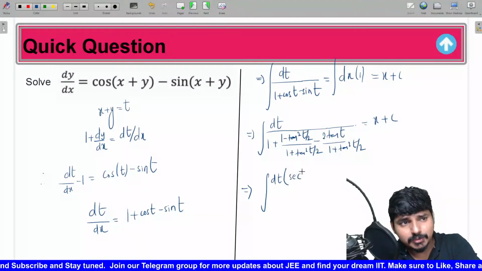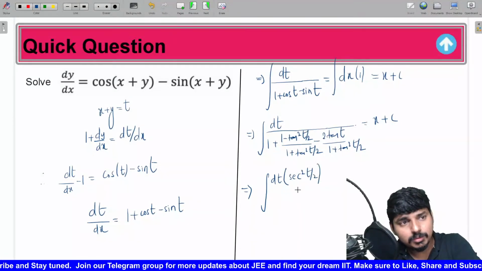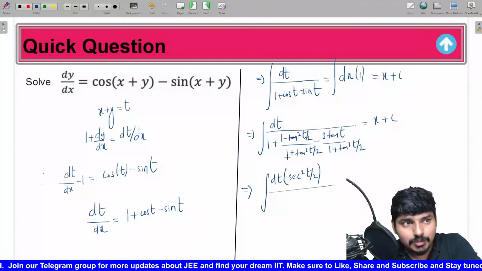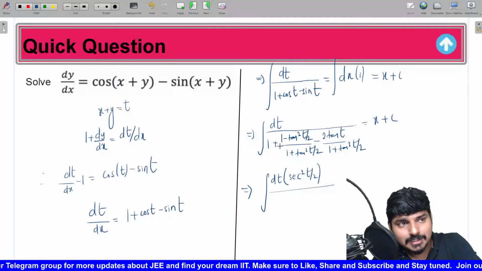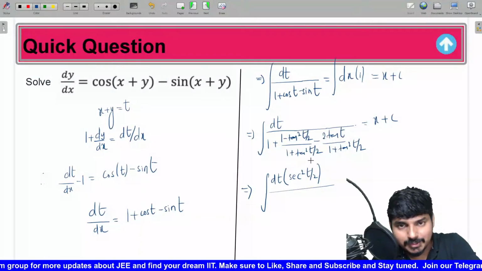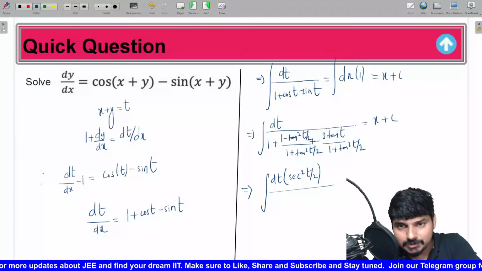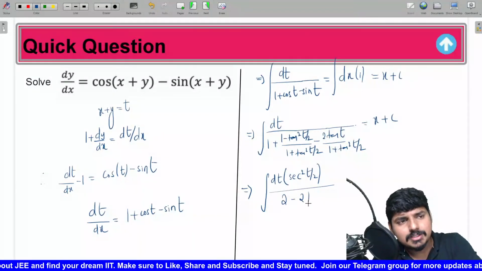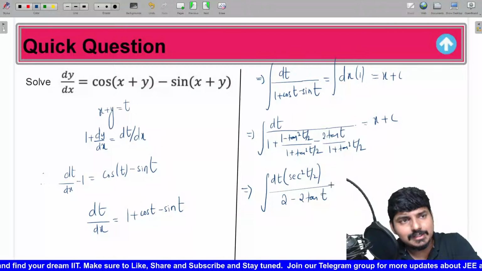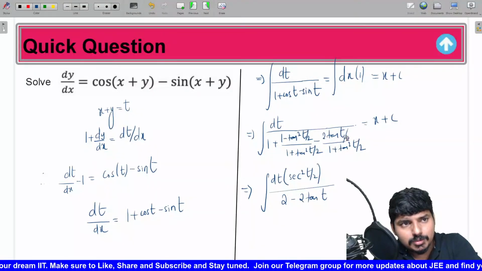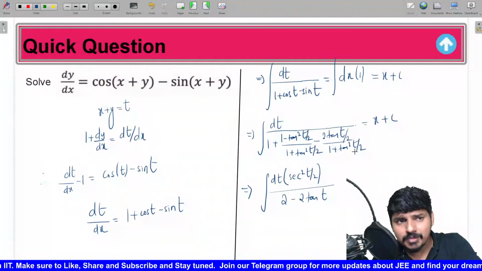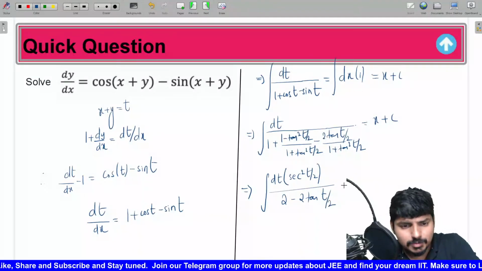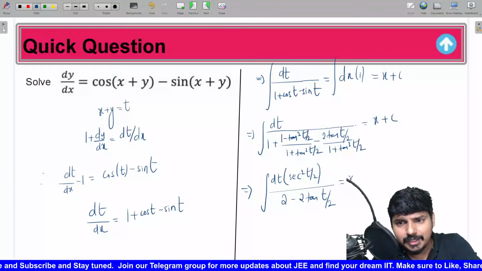So you can say this is going to be secant square t by 2 whole divided by, in the denominator, you are going to get 1 plus tan square t by 2 plus 1 minus tan square t by 2 minus 2 tan t by 2. So guys, I'm going to get 2 minus 2 tan t by 2. This is what you are going to get, and that is equal to x plus c.